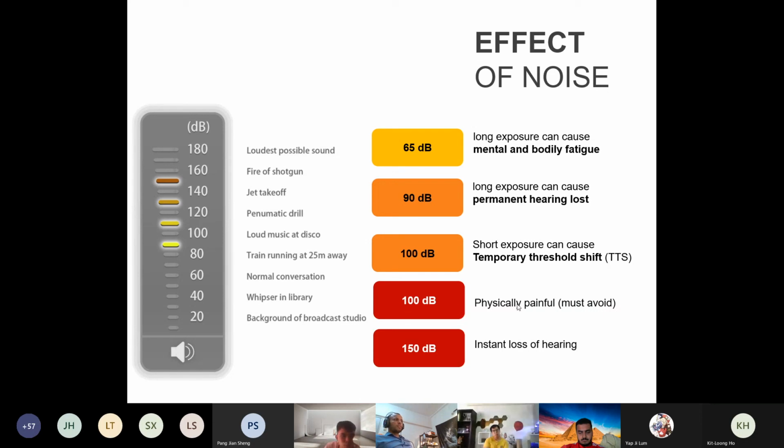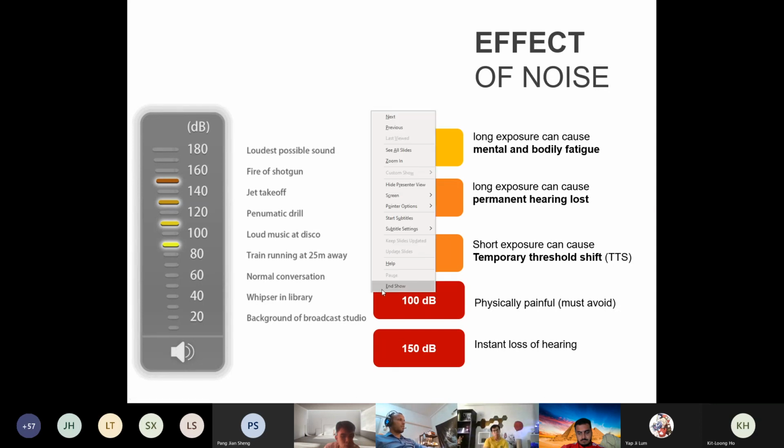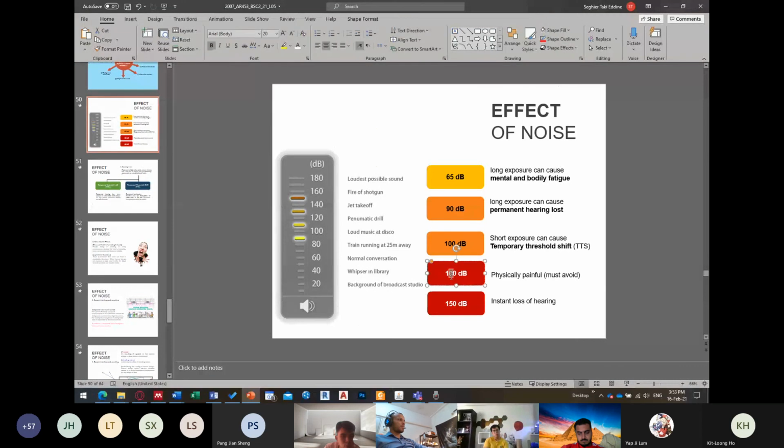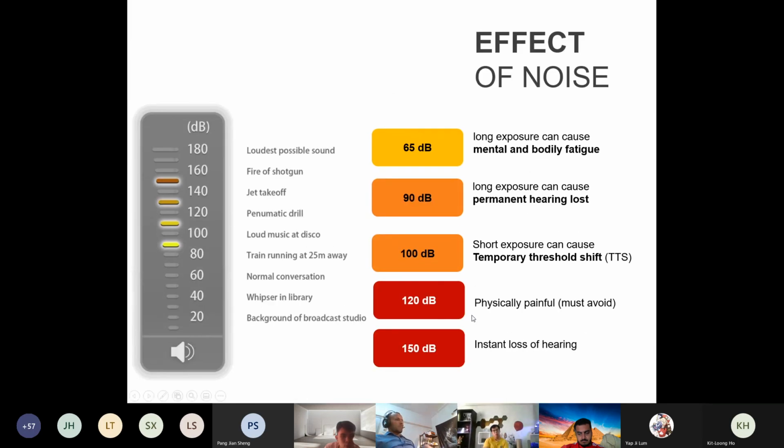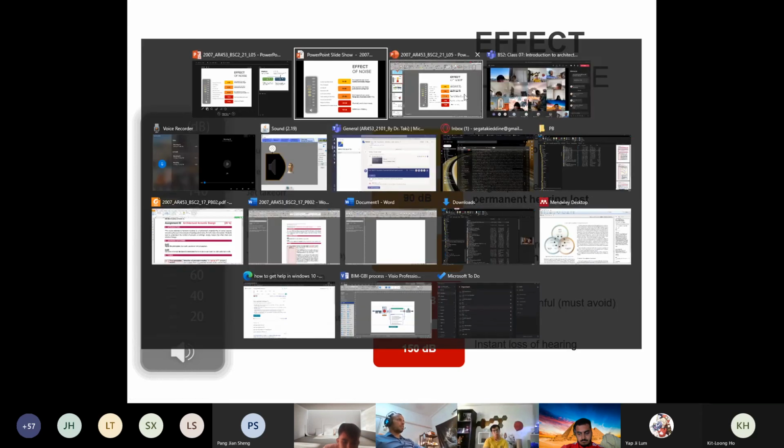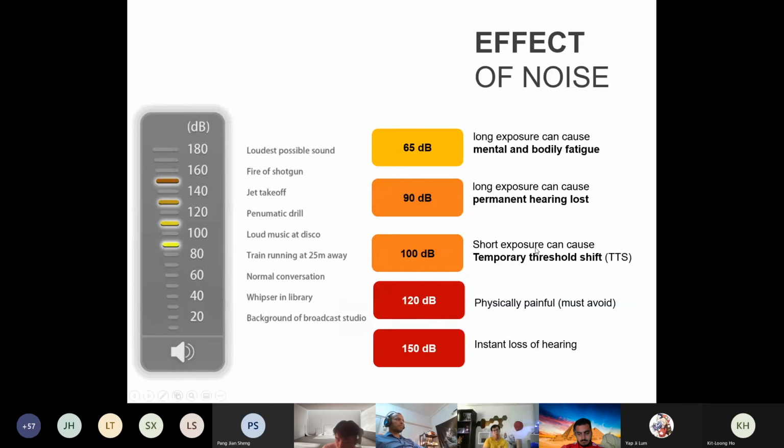At 120 decibels, it's physically painful, must avoid, so you cannot really resist. And at 150, instant loss of hearing.